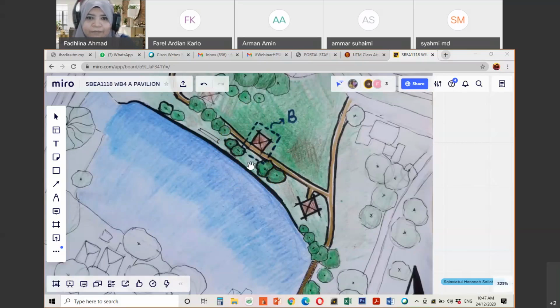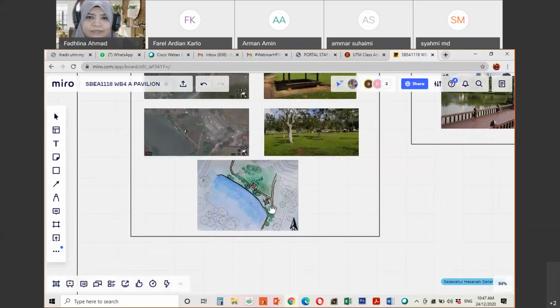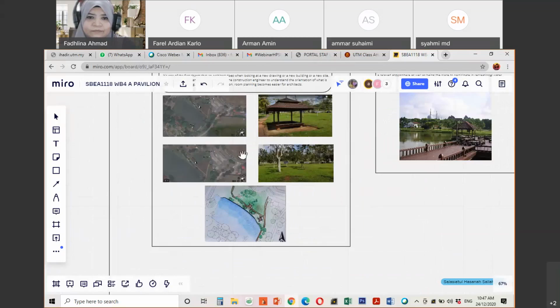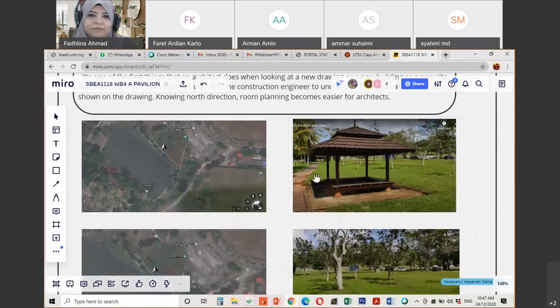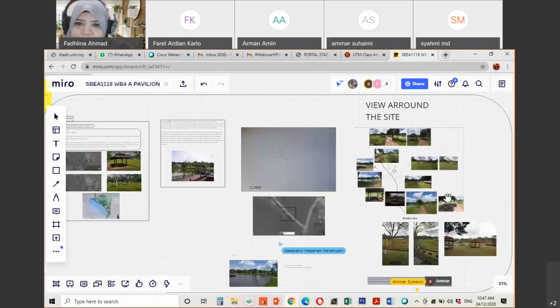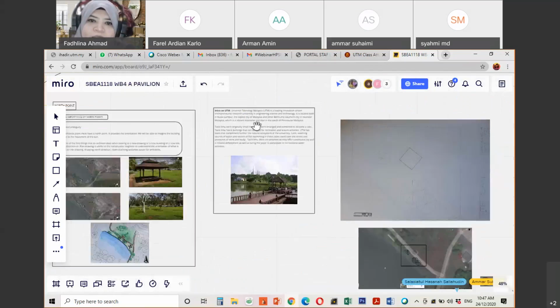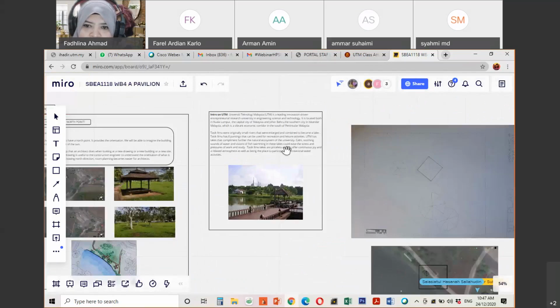Can you understand this side? Do you have any question on the site? Another thing, Arman, it's okay, I will mention it in the group later, the view around the site. Next, please.